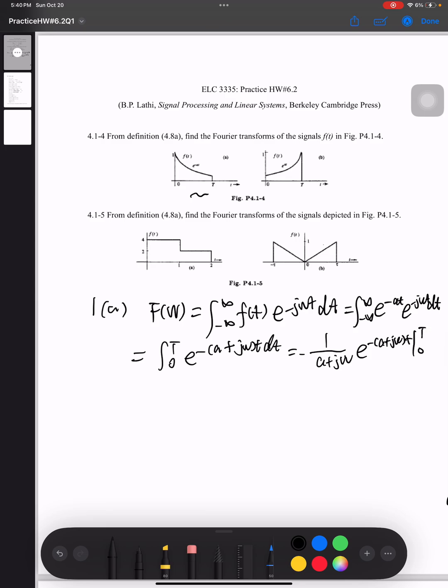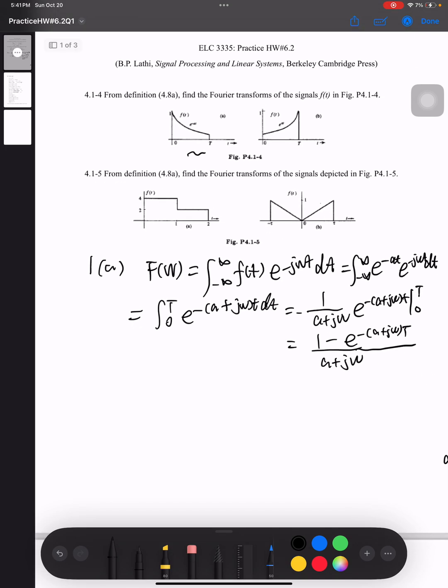Okay, then we can calculate the integral of this expression, which is 1 over (a plus j omega) times (1 minus e^(-(a plus j omega)T)), with capital T. Okay, this is the first one.